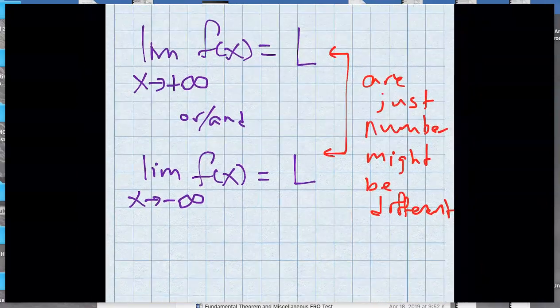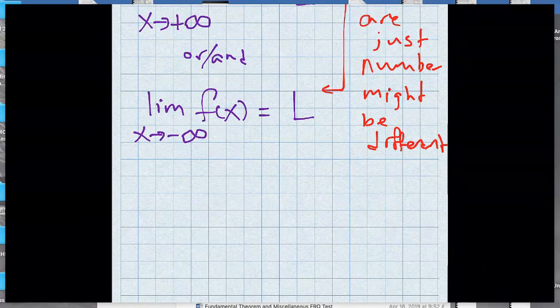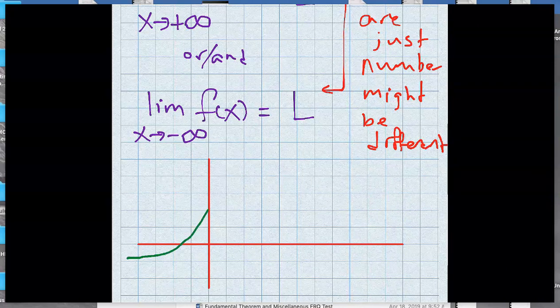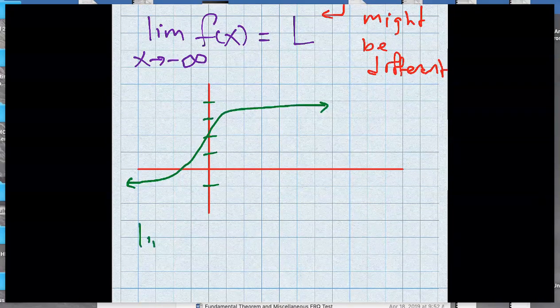It might be the kind of thing when you're looking at a graph where the graph approaches like this, and then maybe the graph goes up here and approaches this. So if you looked at this graph, for example, and we counted up 1, 2, 3, 4, and we went down 1, the limit as x goes towards negative infinity of f of x, I would say that equals -1.